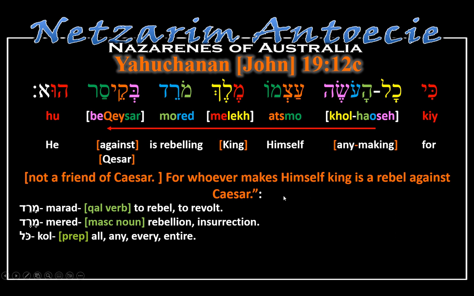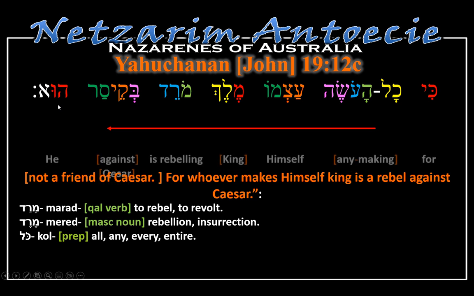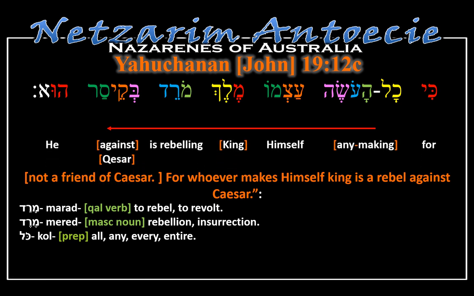That's the English. So now let us read that. Ki kol ha-osei otzmo melech mored be-kesar hu. And again, for any making himself king is rebelling against Caesar, he. Of course, the English would put the he first, right?